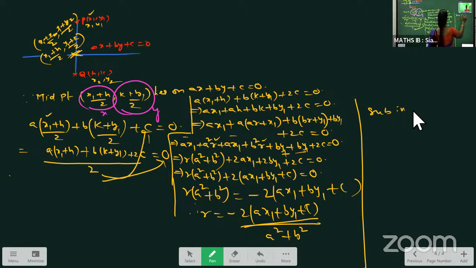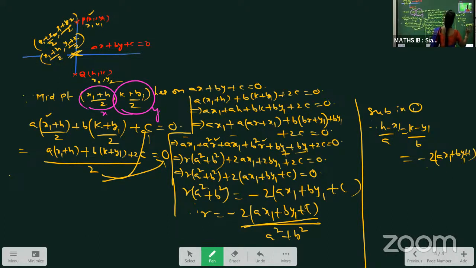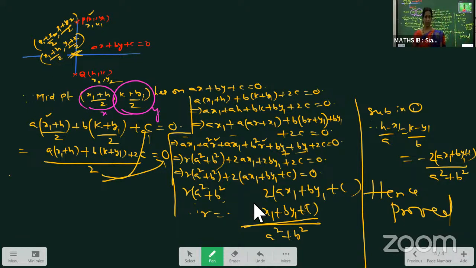Therefore, h minus x1 by a is equal to k minus y1 by b is equal to, in place of r, you substitute this, minus 2 into ax1 plus by1 plus c by a square plus b square. Hence proved. So one question related to this will be there. Then only we'll get the total 7 marks.